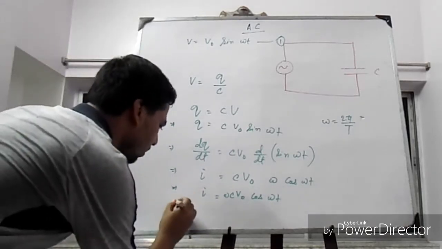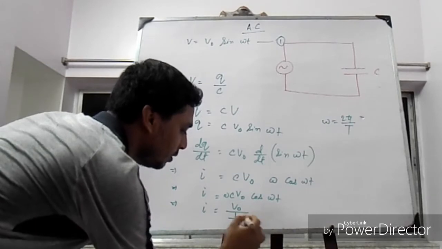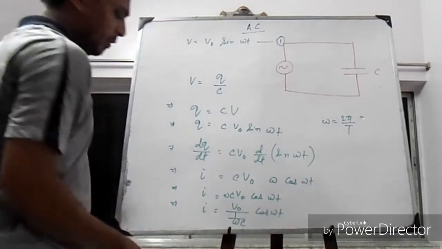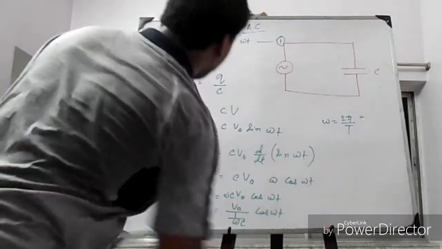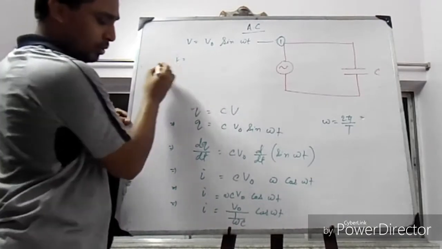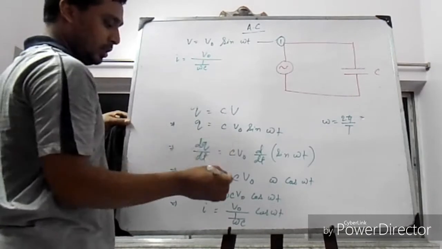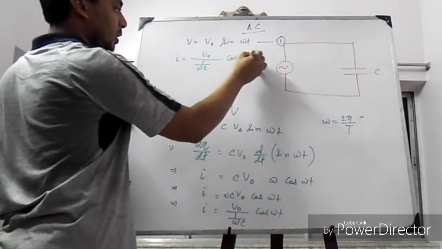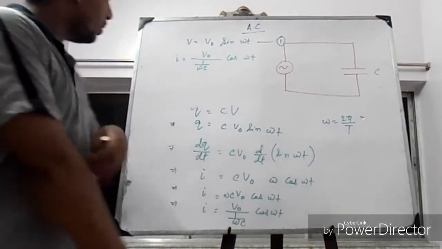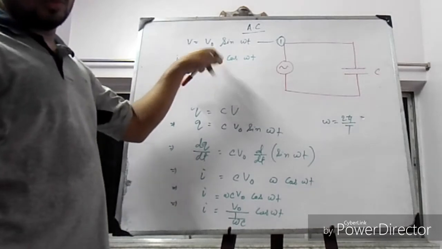Now see, it can be written as I equal to V0 by (1 by omega C) cos omega t. From the dimensions, this has the dimension of current, this has the dimension of voltage.